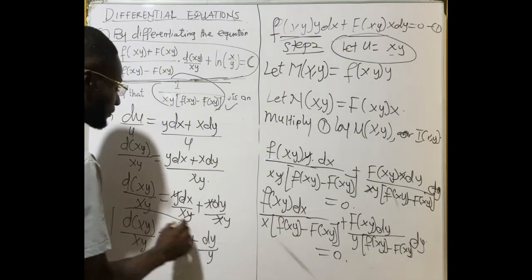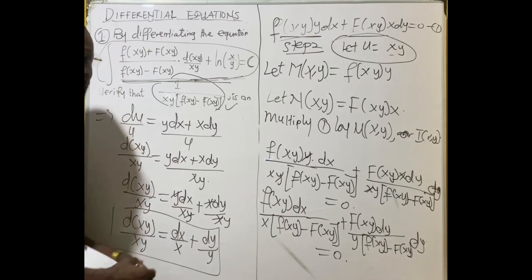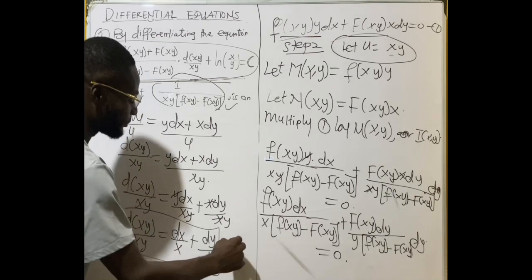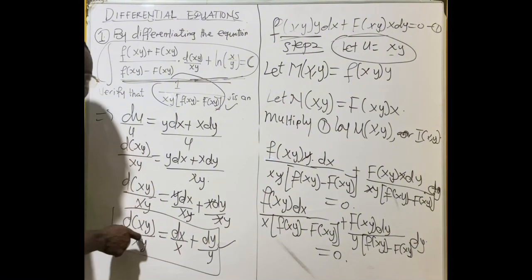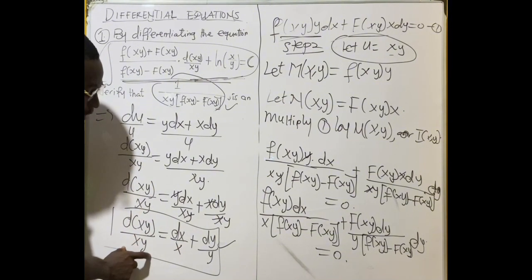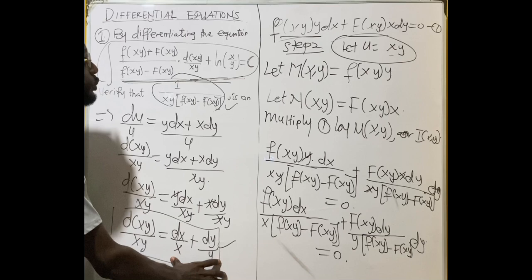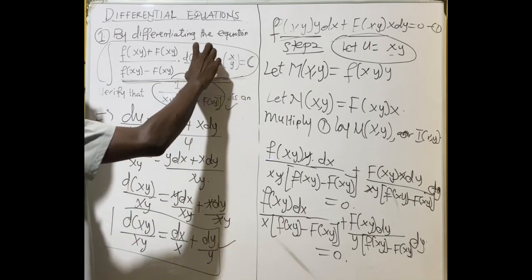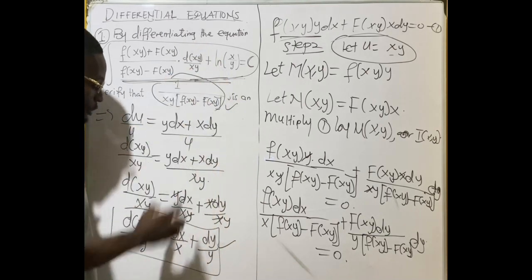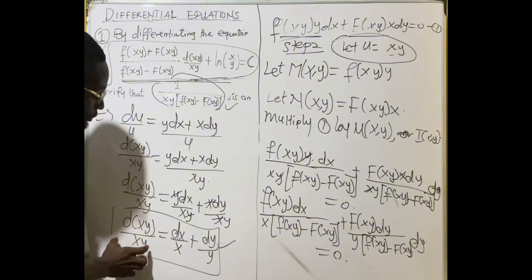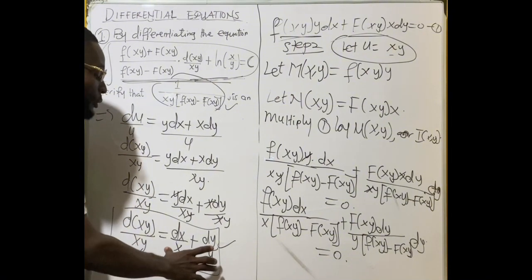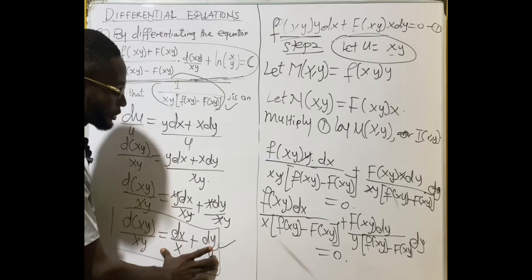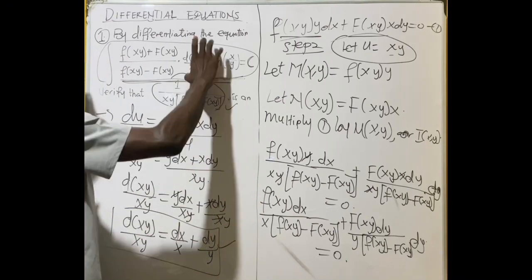So we have this. Note that down, it's very important. We are going to use it somewhere. So you can see that we have d of xy over xy equals this expression. That means that when we come here, we are going to substitute d of xy over xy; we will replace it with this expression.